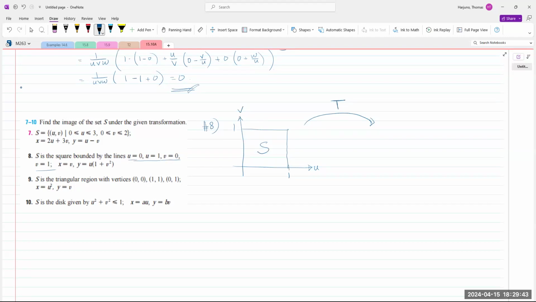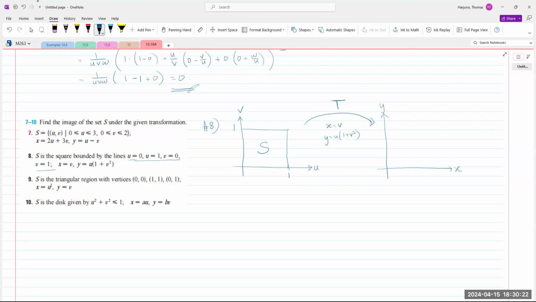So we will do the transformation that becomes x, y, using the transformation x equals φ and y equals u times 1 plus φ squared. So x equals φ, but your φ here is from 0 to 1.